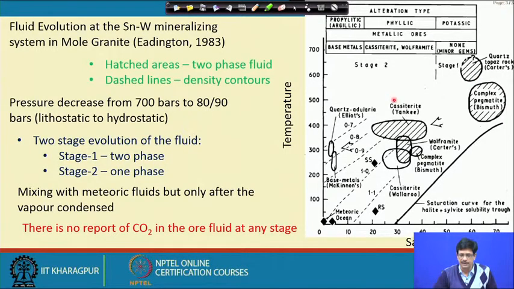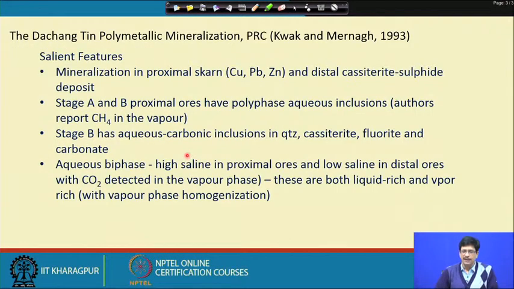So, we are discussing these, and then coming to another situation where we discuss another polymetallic mineralization involving a proximal skarn and a distal skarn. The proximal skarn consists of copper, lead and zinc mineralization, and the distal skarn is a cassiterite sulfide deposit. Here the authors have interpreted multiple stages of fluid activity in the proximal as well as the distal skarn.